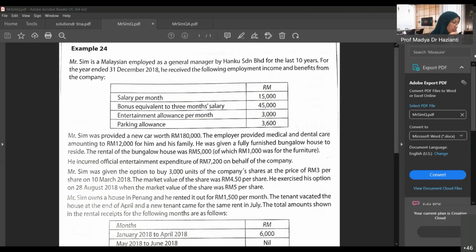Kalau kereta baru 180,000, how much is the prescribed value? 7,000. Tongshin ni, how much is the prescribed value for 180,000 car? 7,000. Okay, lambat dia jawab. Arina dah jawab. Right, so 7,000 car dia.